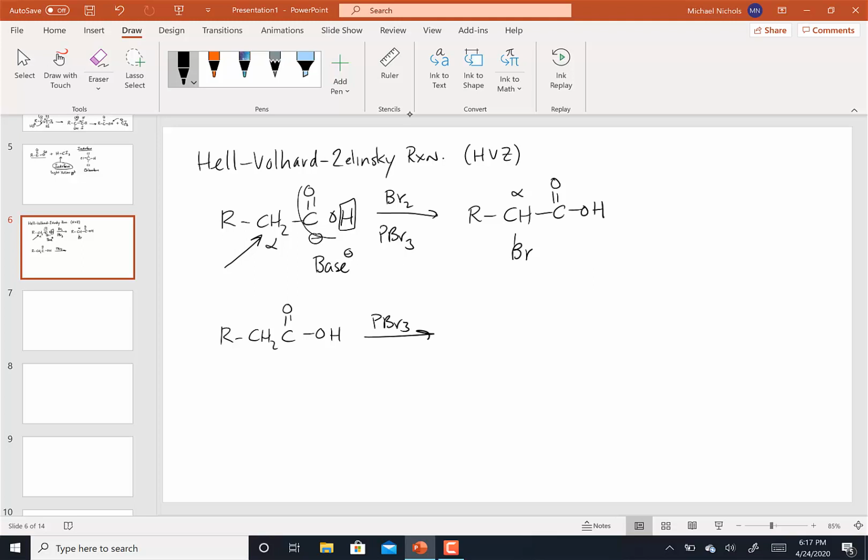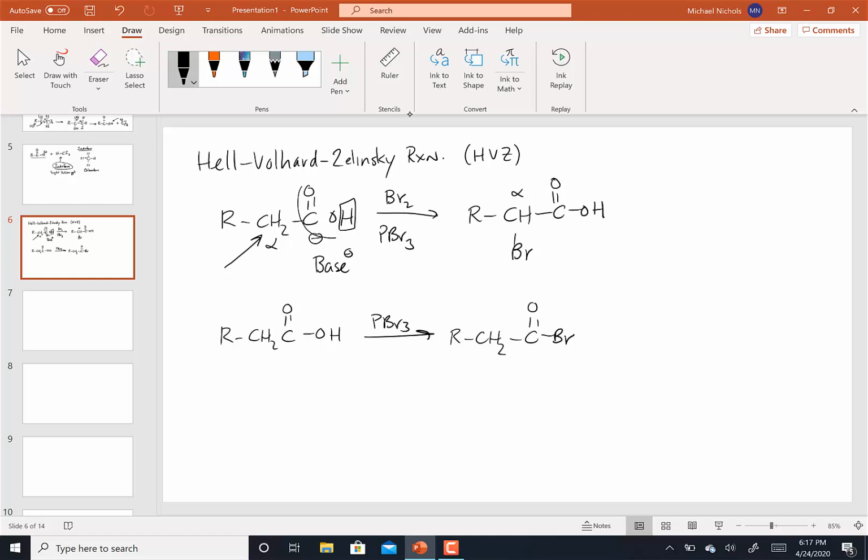Now, PBr3 is an equivalent of PCl3, which is like SOCl2. So what's the first reaction that I'm going to do? I'm going to convert the carboxylic acid into the carboxylic acid, now bromide. Once I have the carboxylic acid bromide, we can then think about forming the enolate of that.